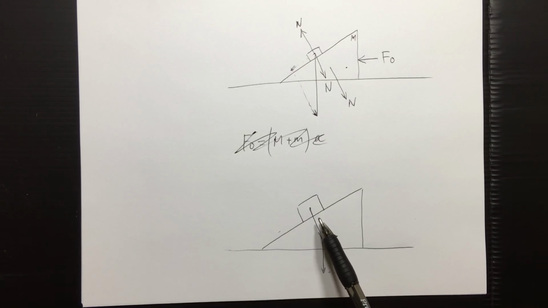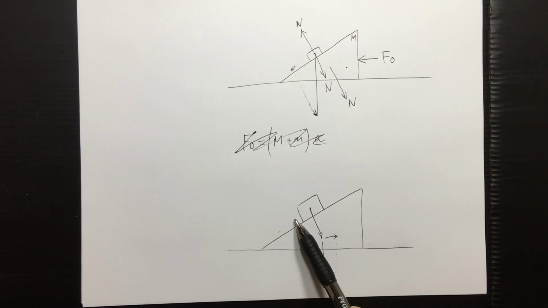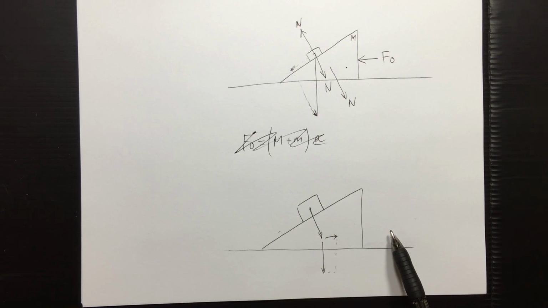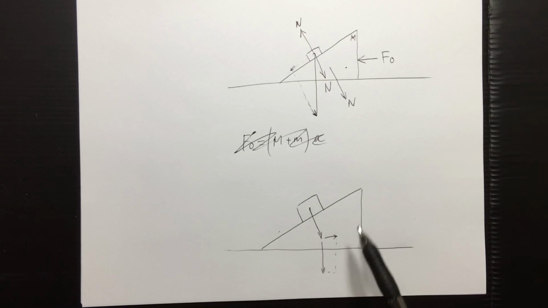You take out this force between the two by knowing that altogether this thing is not moving. In other words, this acceleration and this acceleration are not totally independent. These two accelerations come together. This whole thing is not moving.